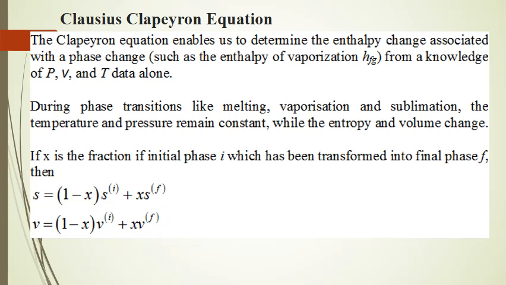Now during phase transition processes like melting, vaporization and sublimation, the temperature and pressure remain constant while the entropy and the volume change.